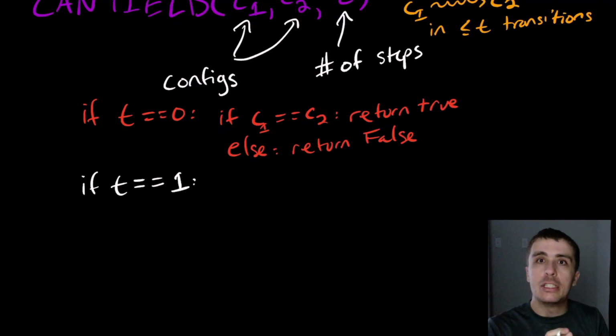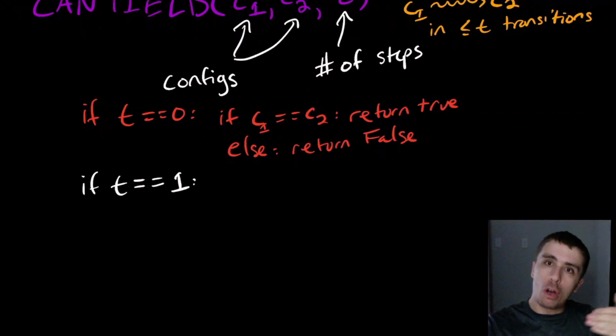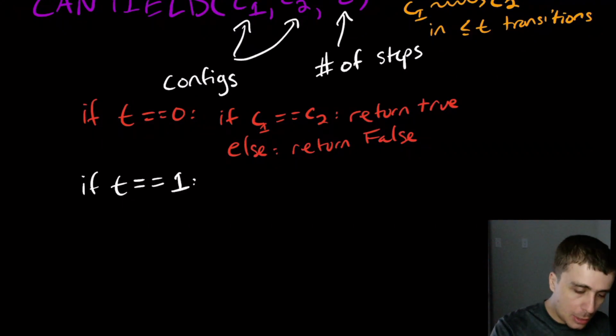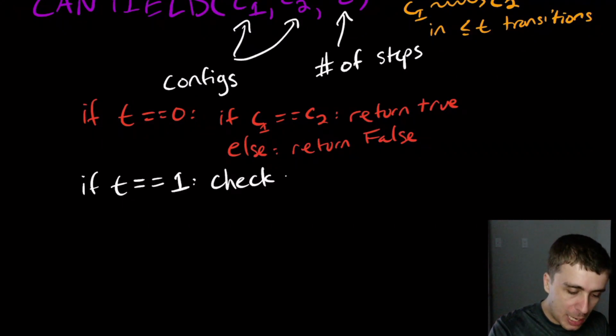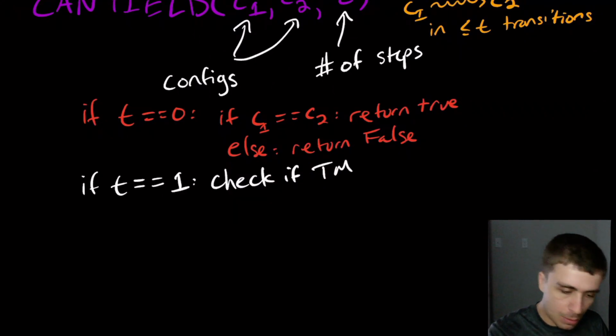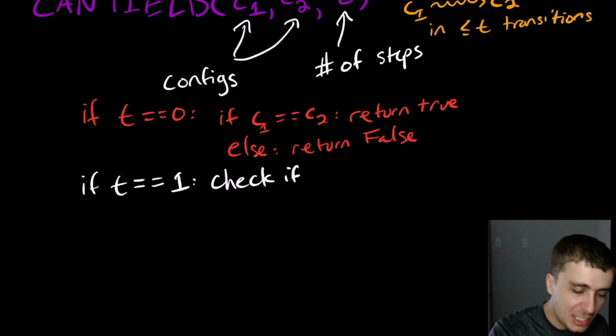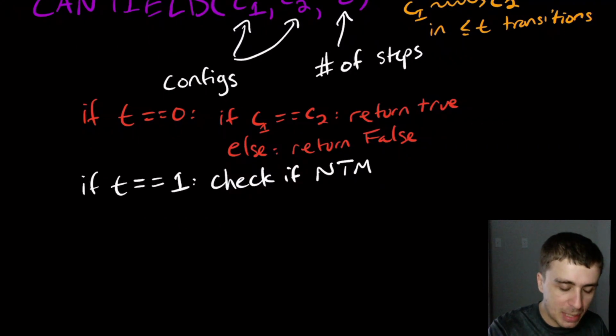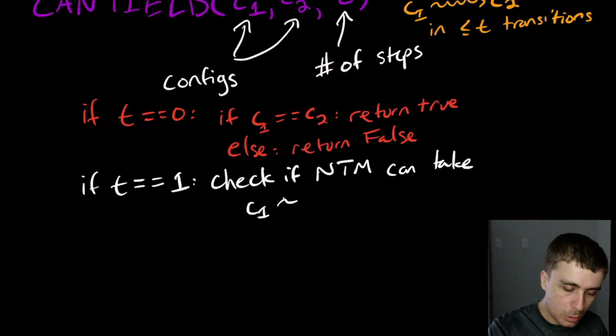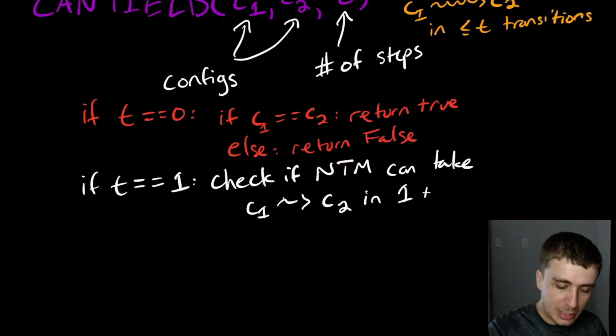So what we need to do is to go through all the possibilities of a single transition. So what we should do is check if the Turing machine, or I guess the non-deterministic machine, because that's what we're trying to simulate here, can take C1 to C2 in one transition.